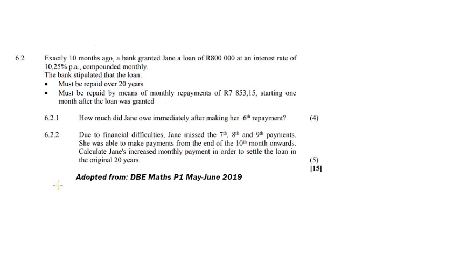In this question, we have a lady called Jane. We're told that exactly 10 months ago, a bank granted Jane a loan of 800,000 Rand. This loan was granted at an interest rate of 10.25% compounded monthly.